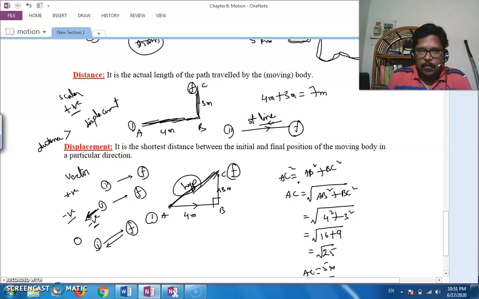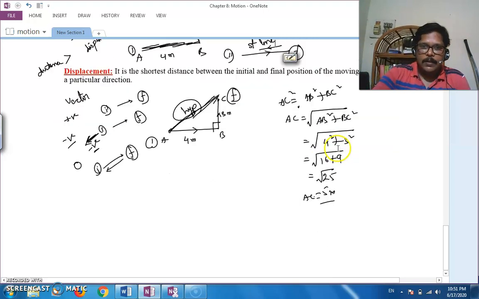The possibility for distance and displacement to be equal is that the path should be a straight line and the body should be moving in the same direction. Otherwise, in the remaining cases distance will be greater than displacement.